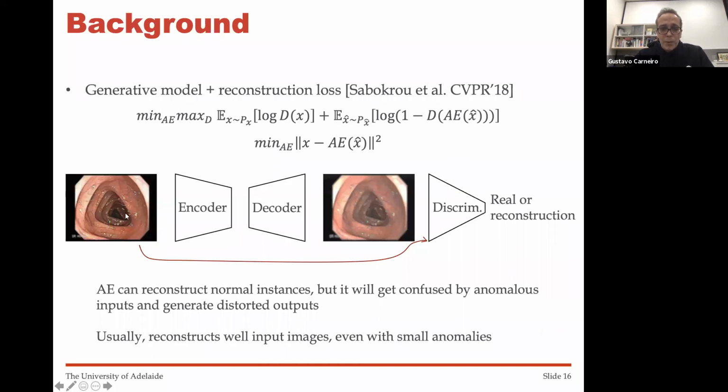However, there is a big problem with this method, which is that it tends to reconstruct input images really well, so that if it contains small anomalies, it will just reconstruct the anomaly, which is bad, right? Because that's exactly the thing that we are trying to detect.